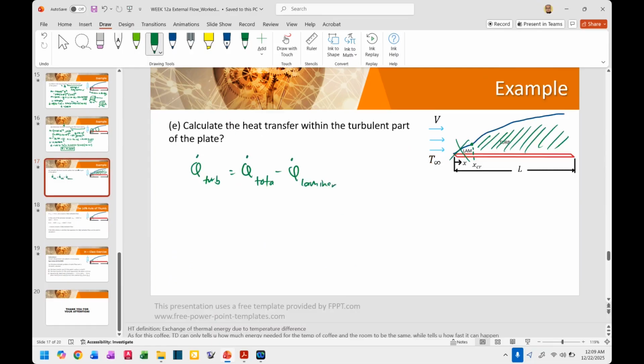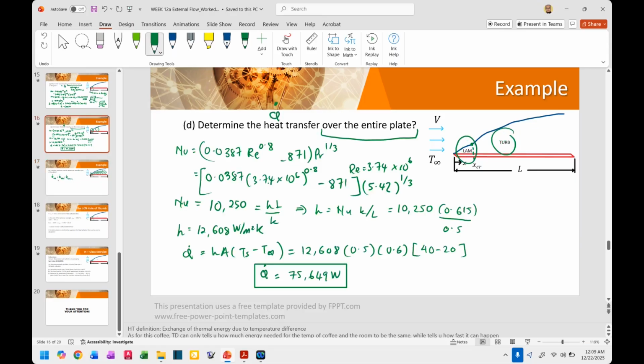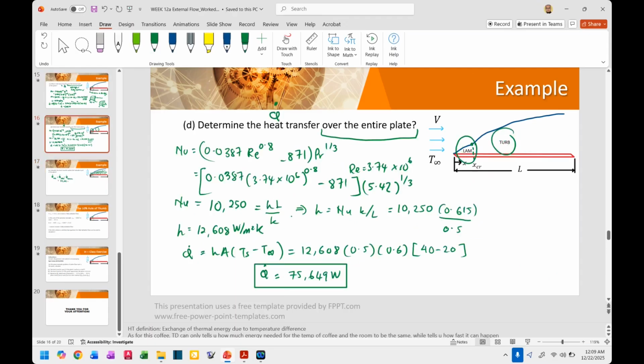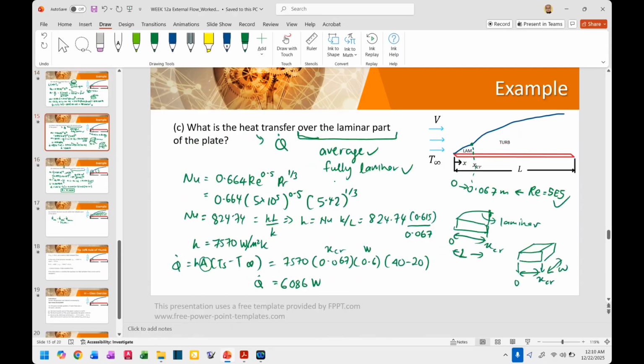So that will give you the answer from question D, which is the total heat transfer, 75,649, minus the answer from the laminar part in question C, which is 6086.